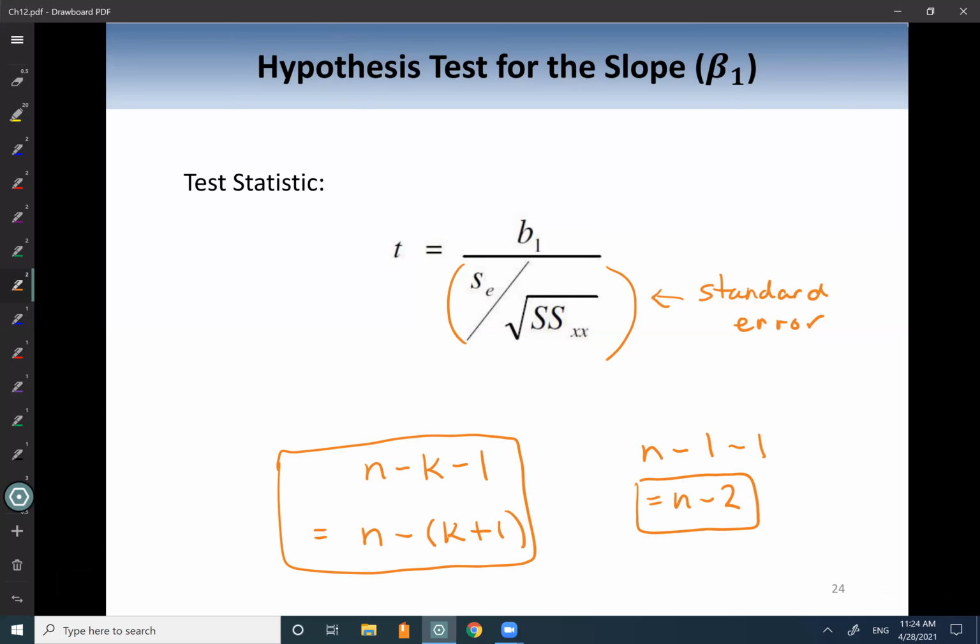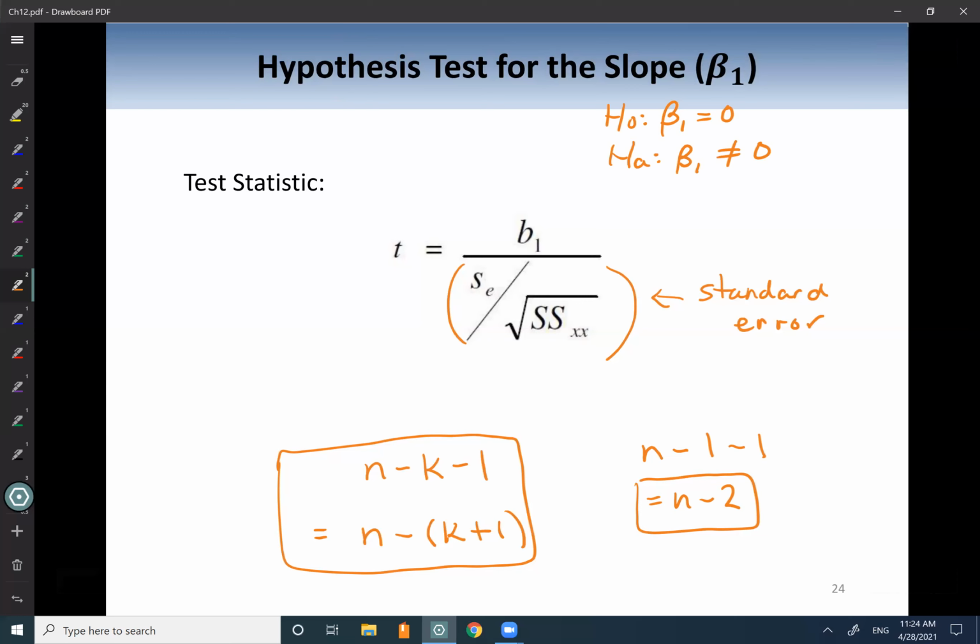All right, for our example that we've been working through, we can test then the null hypothesis that the slope coefficient equals 0 versus, let's do this two-sided, because most of the time that is what we want to know, if it does not equal 0.